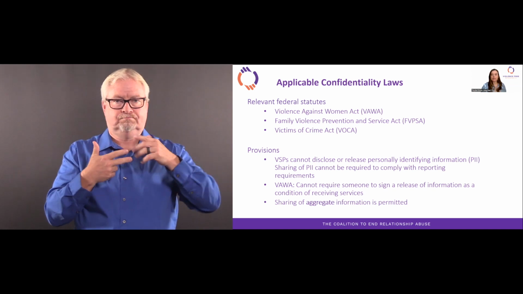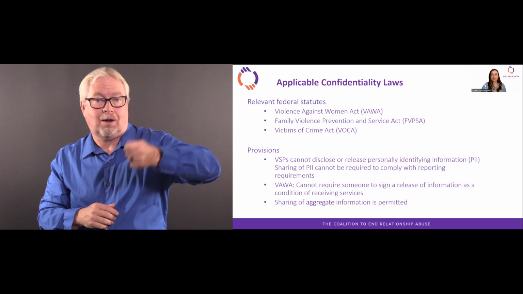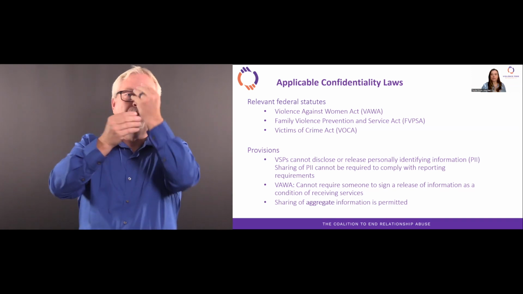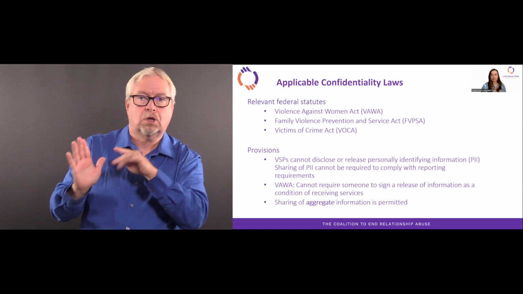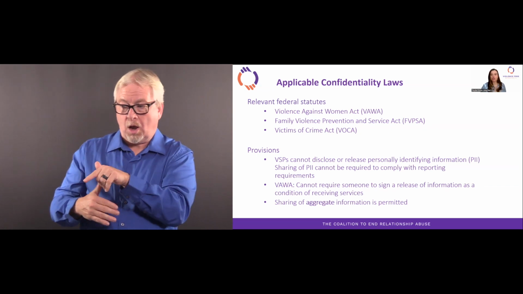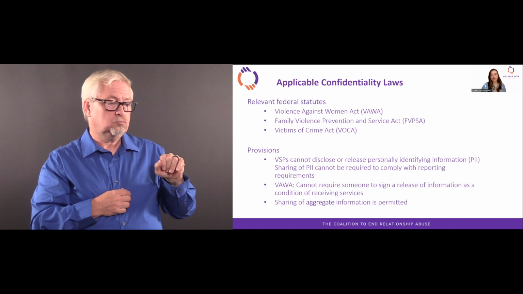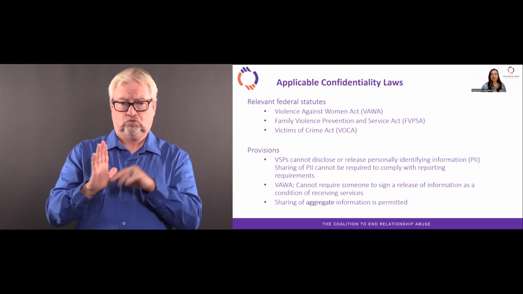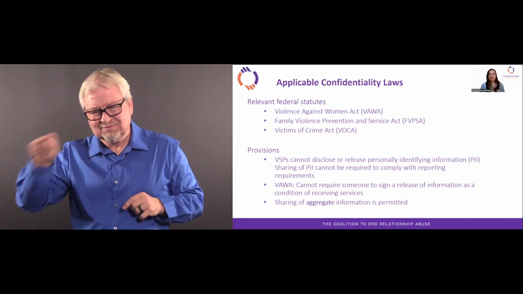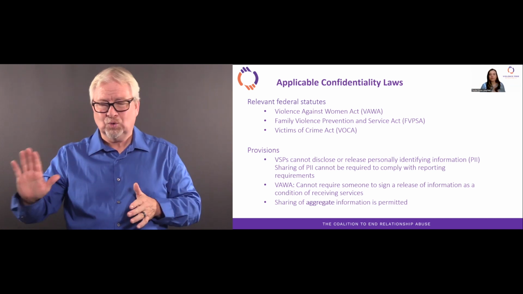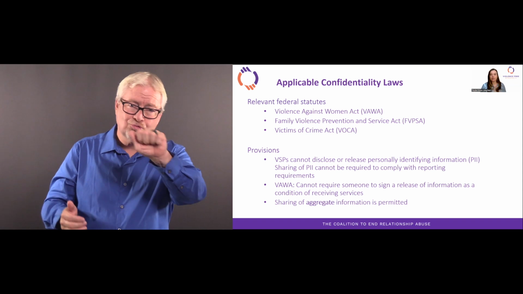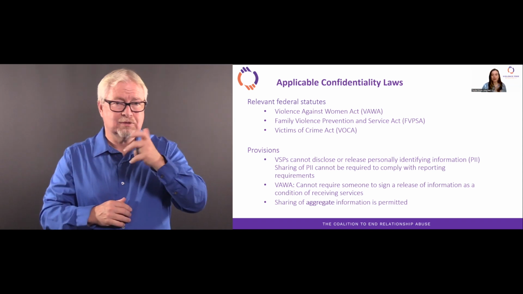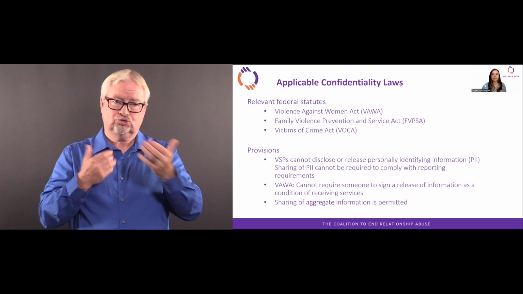All grantees and subgrantees of these agencies are prohibited from disclosing or revealing any personally identifying information in a shared database such as HMIS. These provisions are intended to protect the safety and privacy of survivors of domestic violence, sexual assault, stalking, and trafficking who receive services.